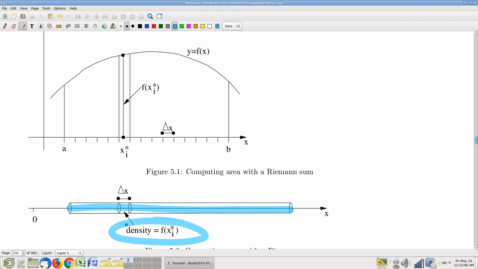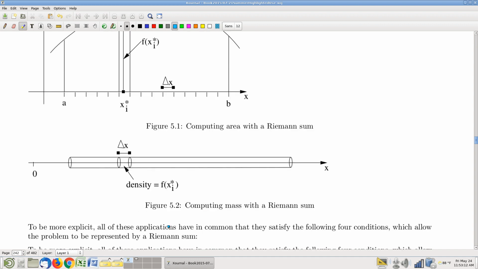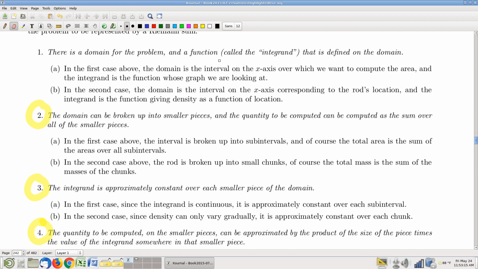It's density, not height, a different integrand, but it's the integrand defined on the domain. Second thing, I can chop up that domain into little pieces, and what I'm actually interested in is a sum over those little pieces.